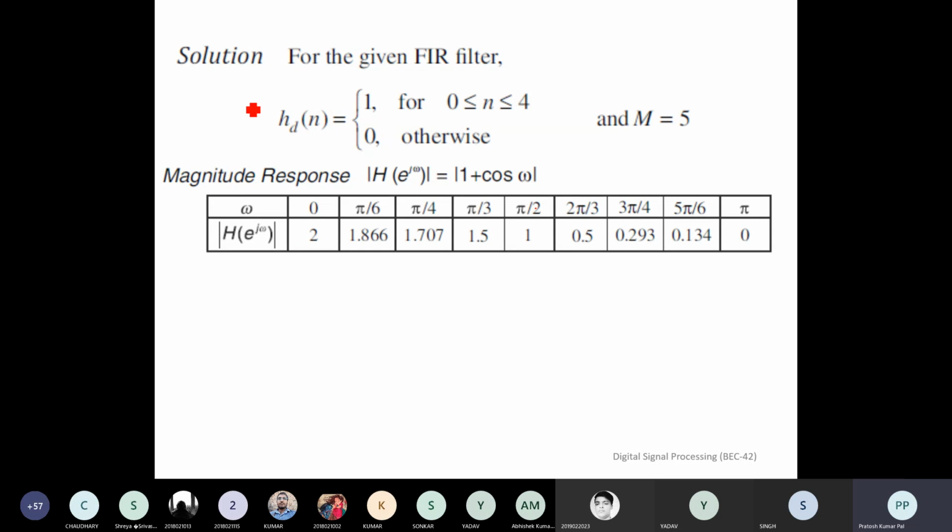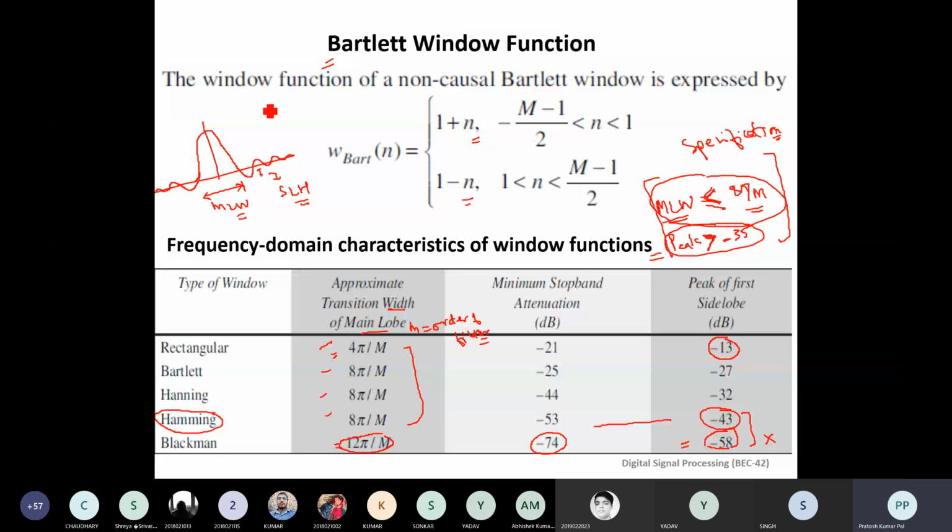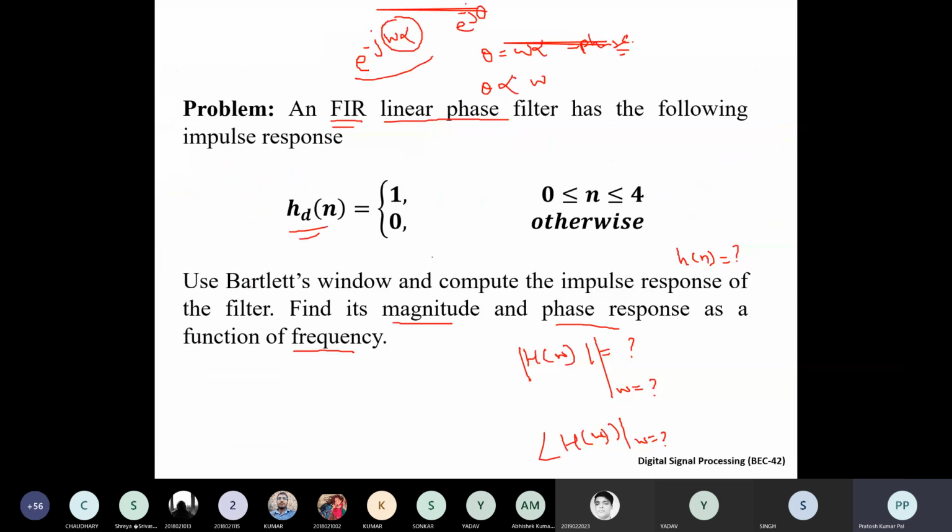First we have to find h of n. This h of n will be hd of n multiplied by the Bartlett window that we studied in the previous slide. For different n values, we will get different Bartlett function values, with n ranging from 0 to 4.